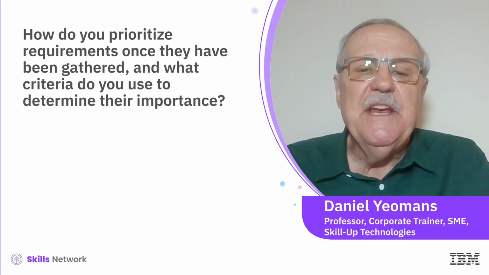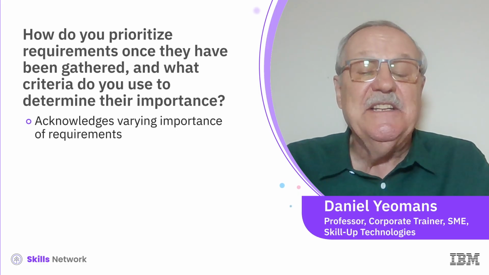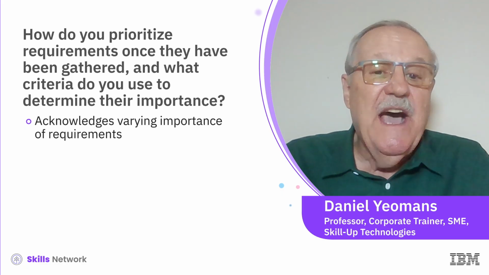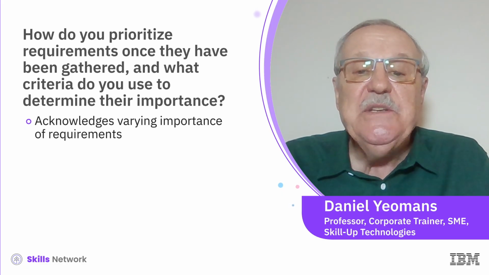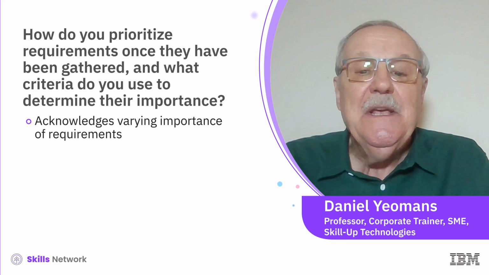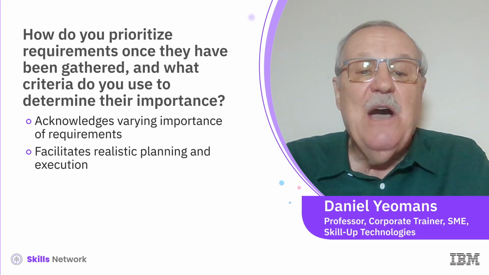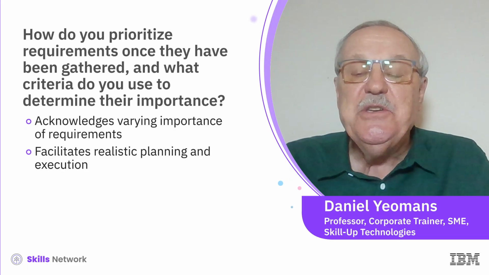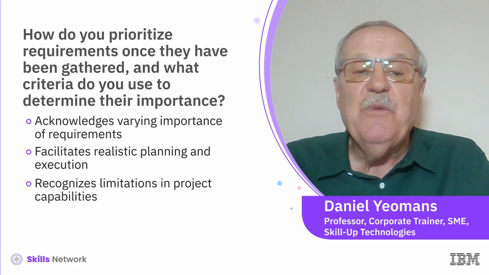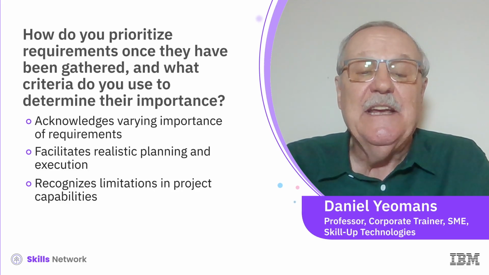MoSCoW prioritization accommodates the reality that all requirements are not equal. In addition, this prioritization method allows the BA to realistically plan out requirements and execution in a manner that addresses the reality that every project cannot accomplish everything.